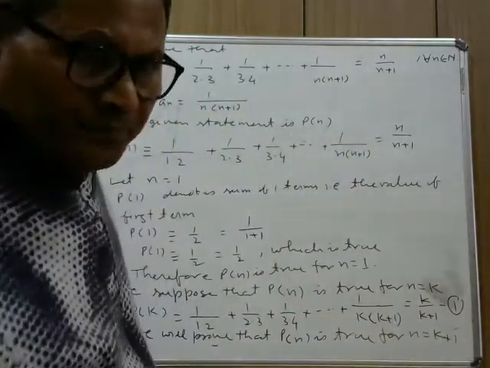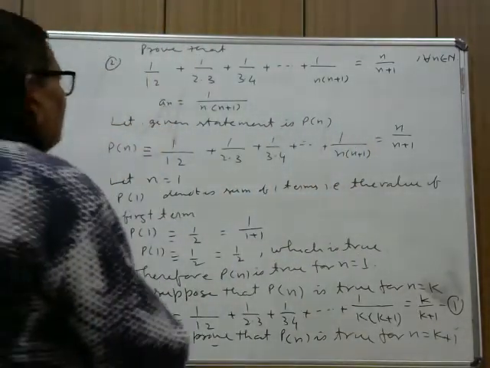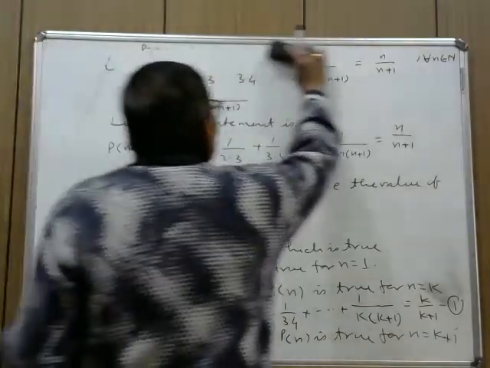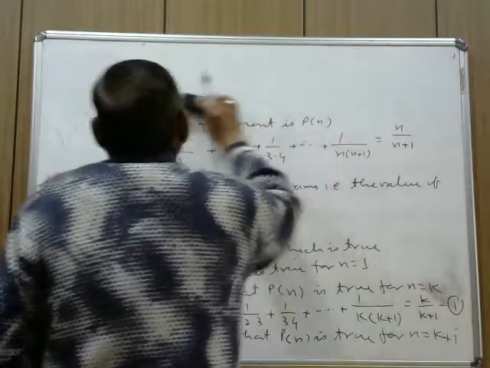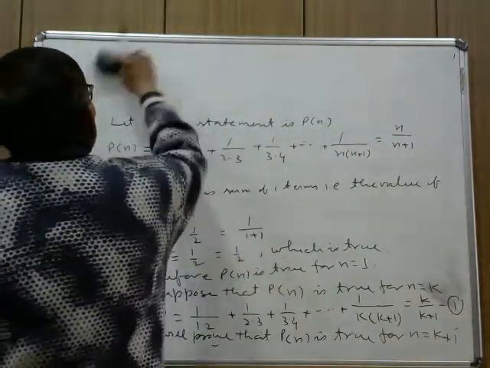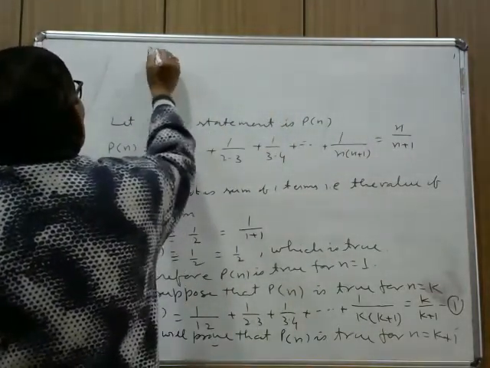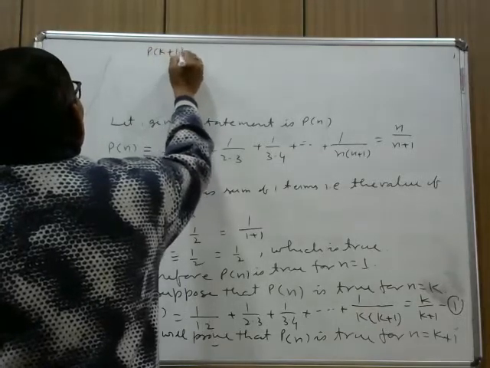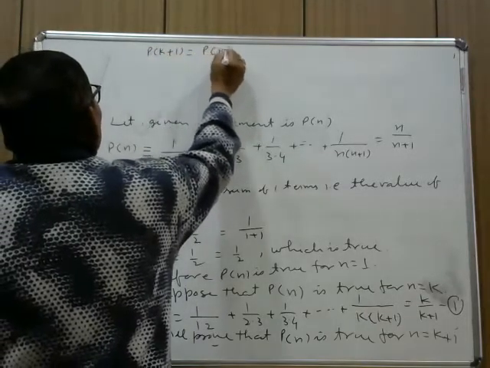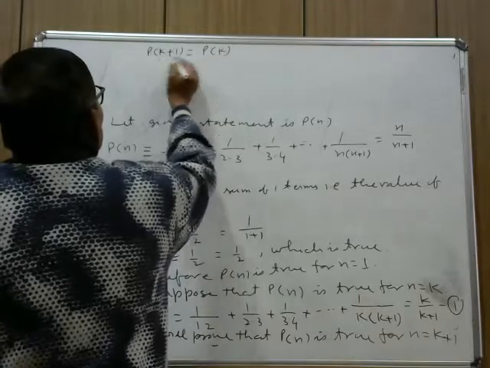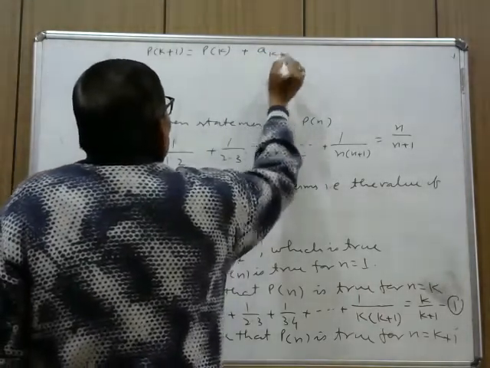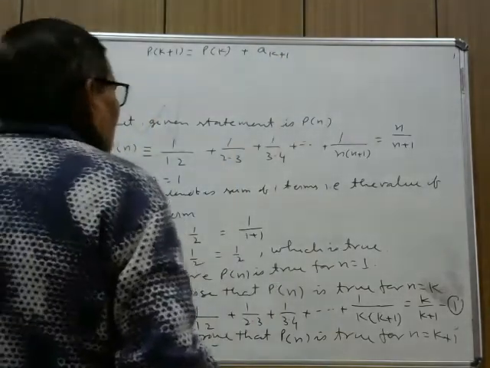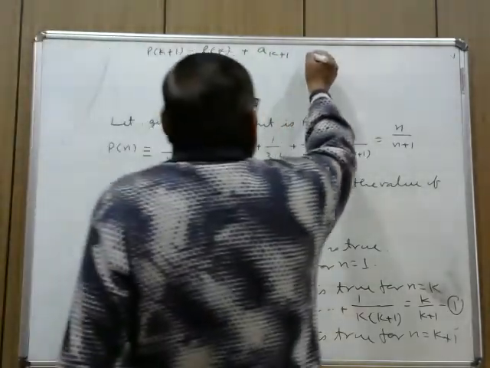So now you can write your Pk plus 1. You can write Pk plus 1 equal to Pk, means sum of k plus 1 terms equal to sum of k terms plus k plus 1th term. So this is your 2.